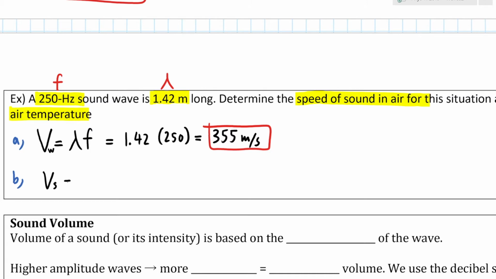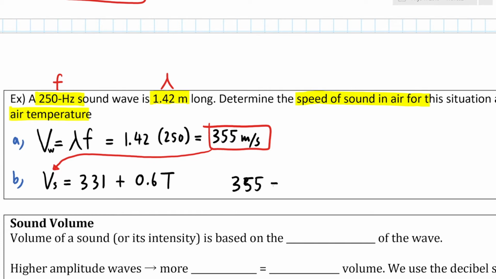So speed of sound wave is equal to a base value 331 plus 0.6 times the temperature. So we're looking for the temperature, but we got a wave speed from another method. So we will substitute wave speed in here, which is 355 equals 331 plus 0.6 T.